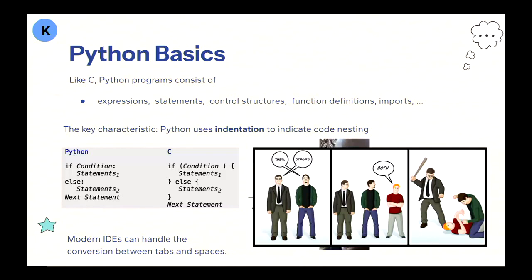For example, if you open Python code within PyCharm, it will warn you that your code has a mixture of tabs and spaces, and it will automatically convert everything into tabs or spaces. So you don't need to worry about this if you are using an advanced IDE.